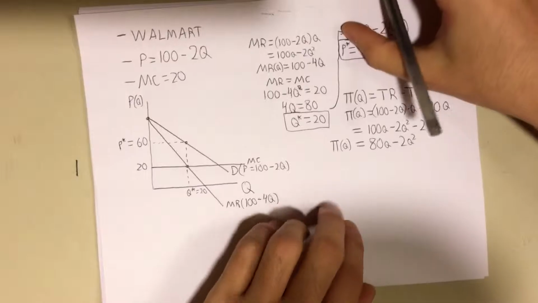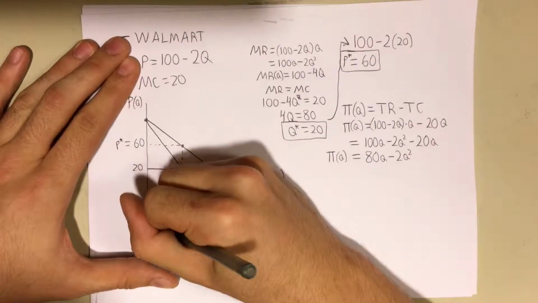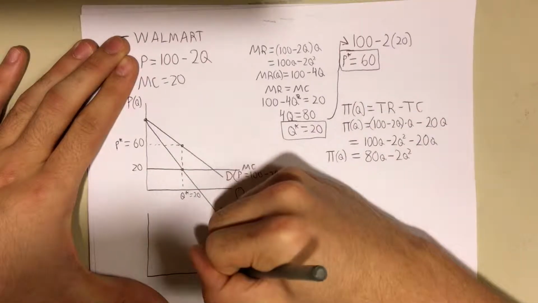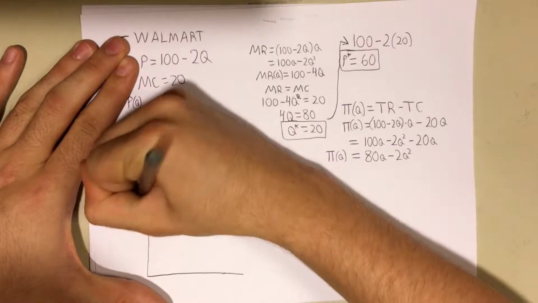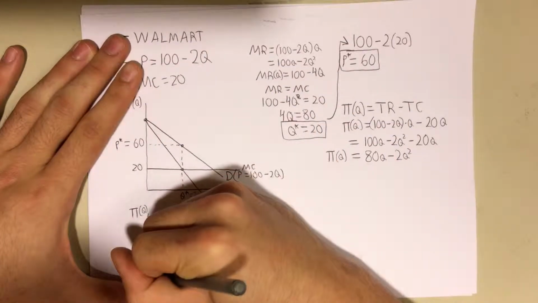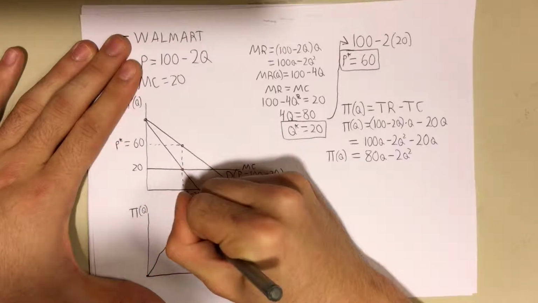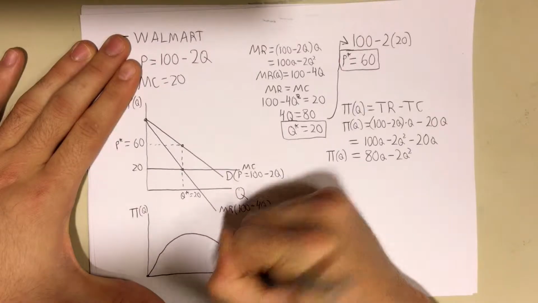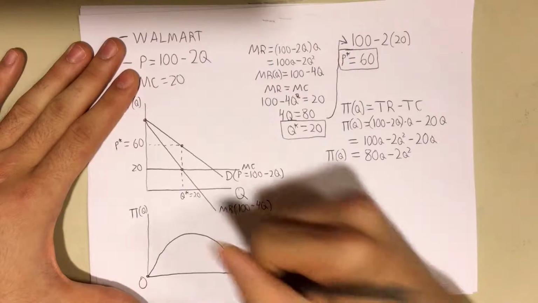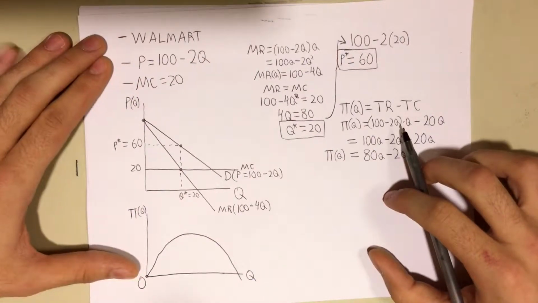Okay, now we can go ahead and show the profit maximization plot down here. And this is represented by a parabola. So here at Q equals 0, they are making no profits.